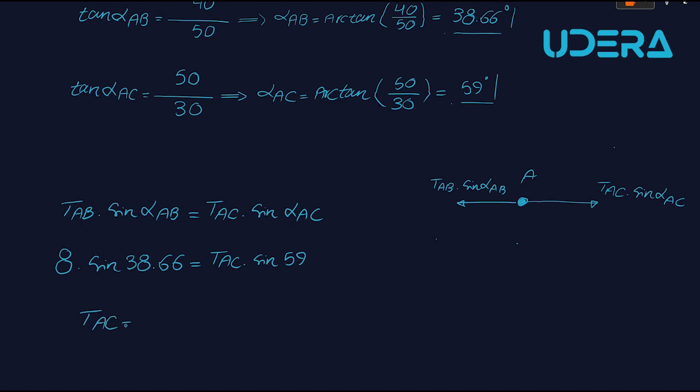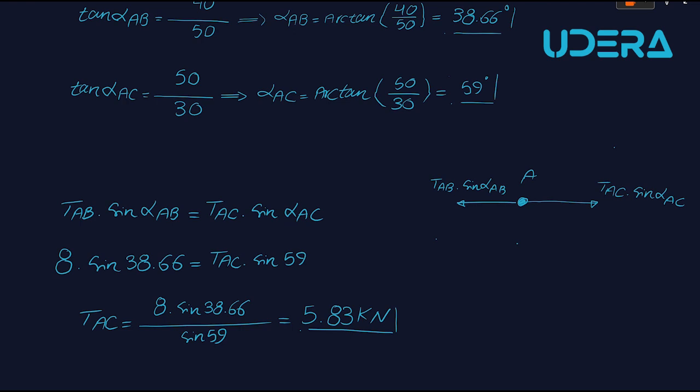Easily, TAC will be 8 times sine of 38.66 over sine of 59, and the result is 5.83 kilonewtons. TAC now is available.